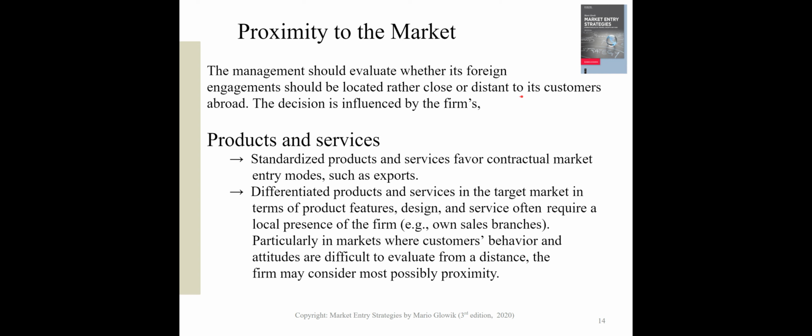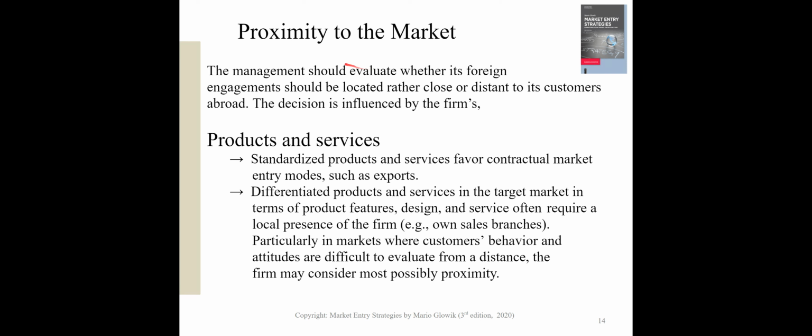For example, if we run our own sales branches abroad, then we are close to our customers. In comparison, if we launch a franchise concept, we stay at home, we are the franchisor, and the franchisees operate in the foreign target countries, so franchisees are close to the customers.